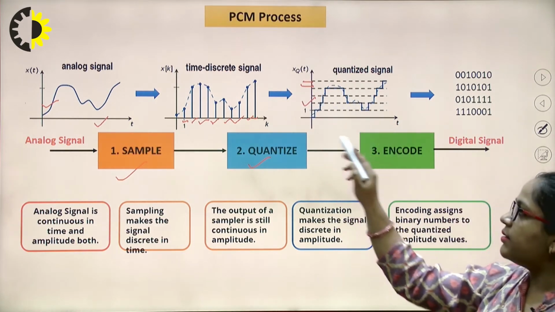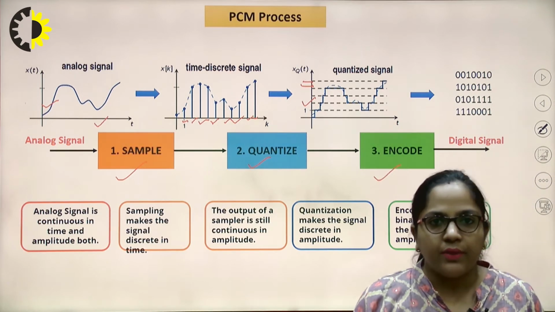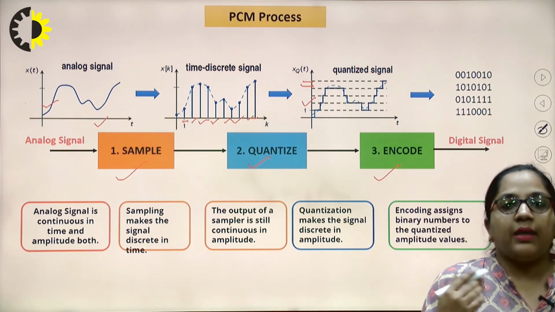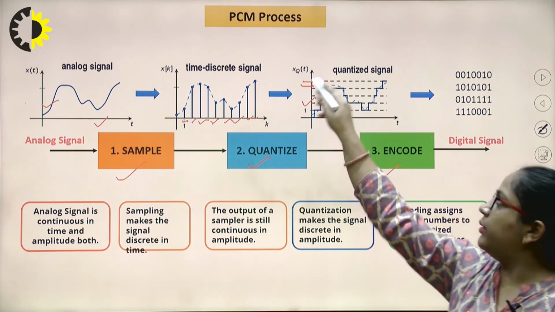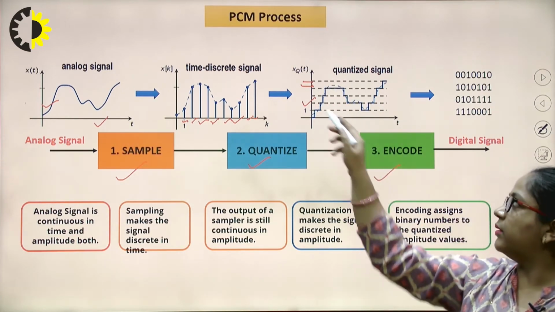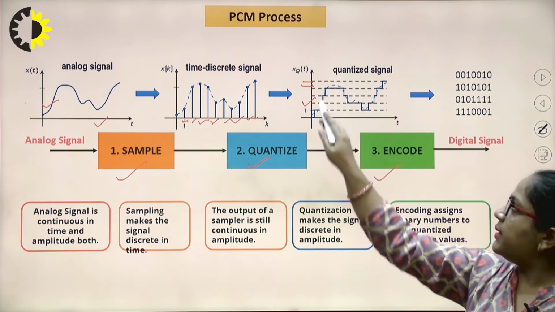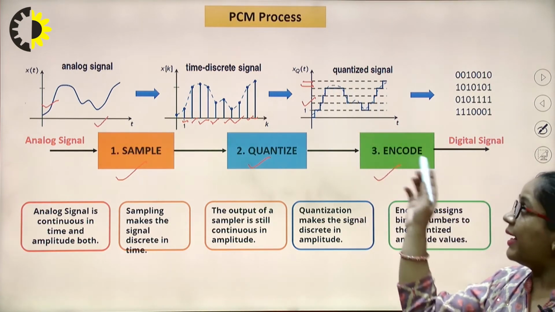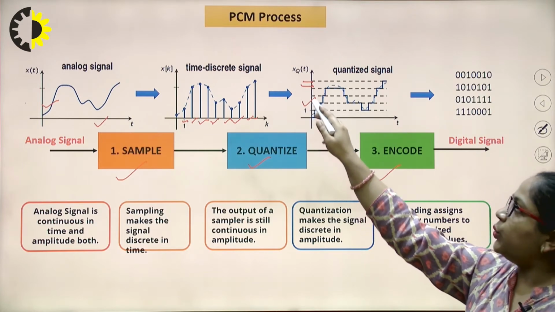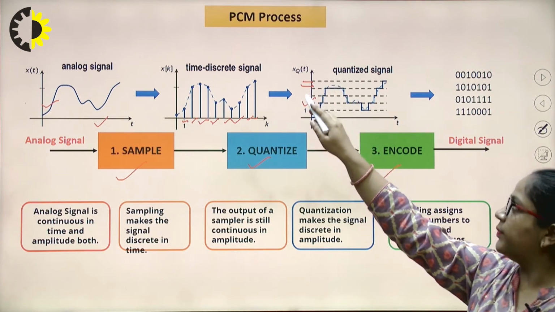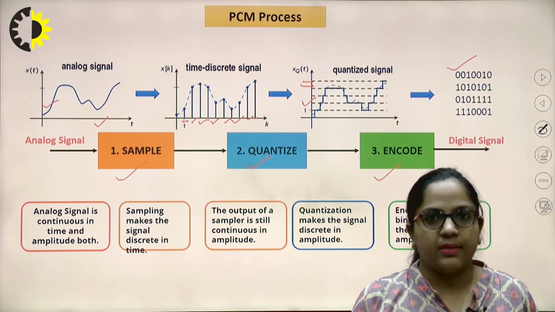Then after this, we have to apply an encoder. What will this encoder do? The encoder will assign binary numbers to the quantized amplitude levels of this particular signal. So, after passing this signal through an encoder, which assigns a binary pattern to each level, we will get the final output in the form of a digital signal.